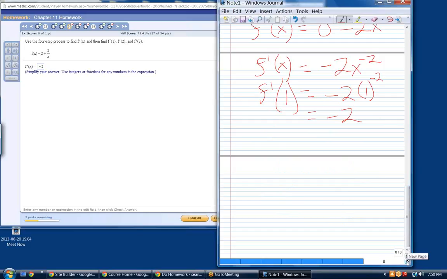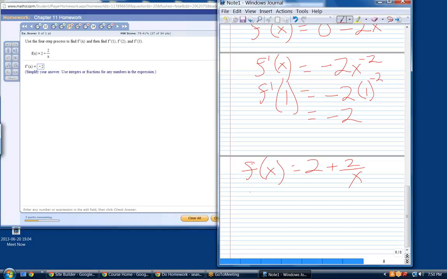Use the 4-step process to evaluate this. All right, f of x is 2 plus 2 over x. All right, let's do it the hard way.